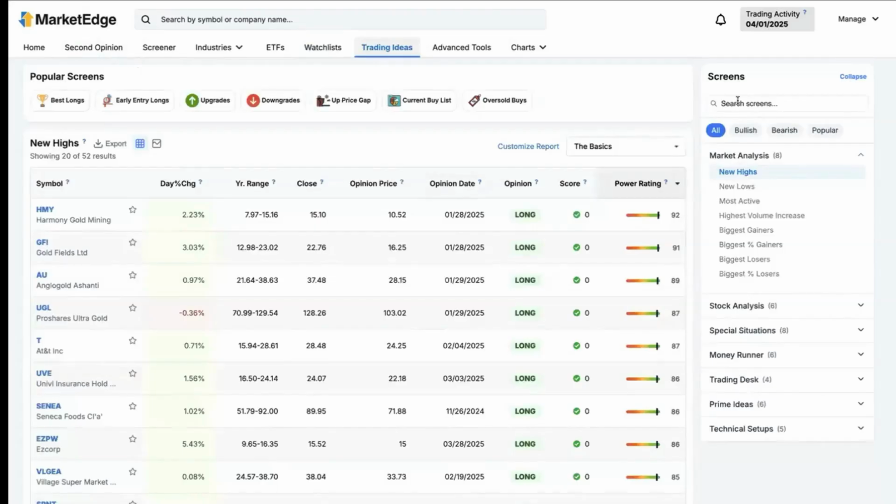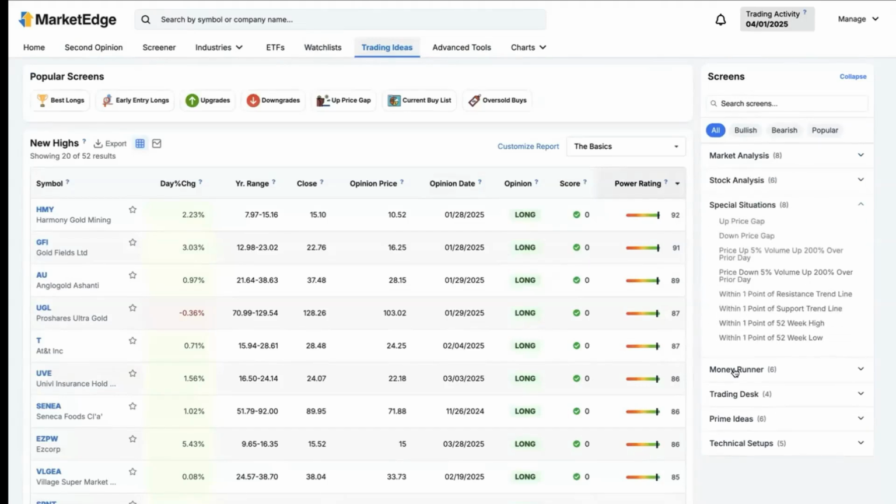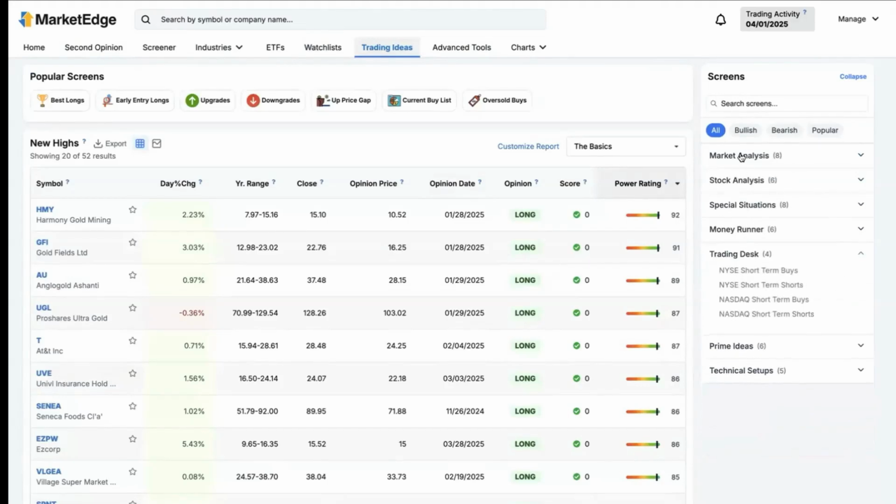Finally, on trading ideas and advanced tools, we have tried to make this a little bit easier to navigate. So we have something like 70 screens. So we've broken them out into, you can view all of the screens. So you would click here to see all of the various screens.